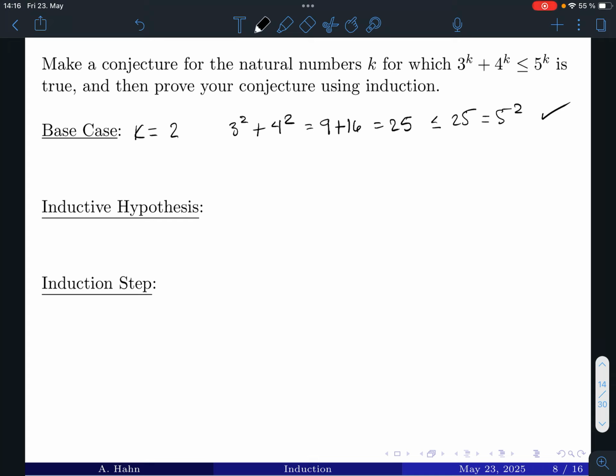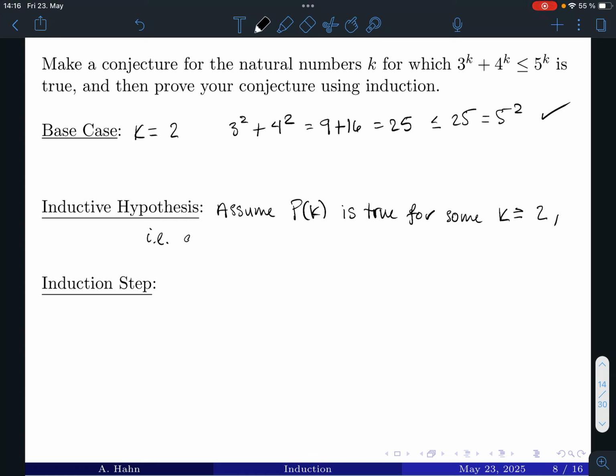Our inductive hypothesis is what we've been doing in all of the examples. So we just say assume P of K is true for some K greater than or equal to our base case, which is 2.